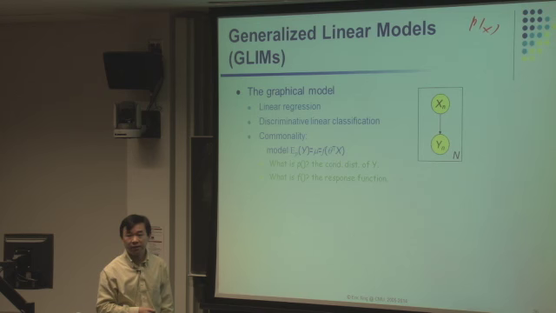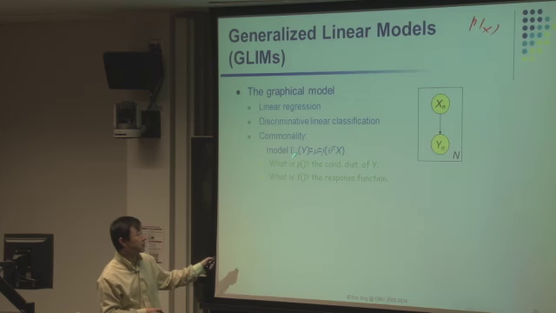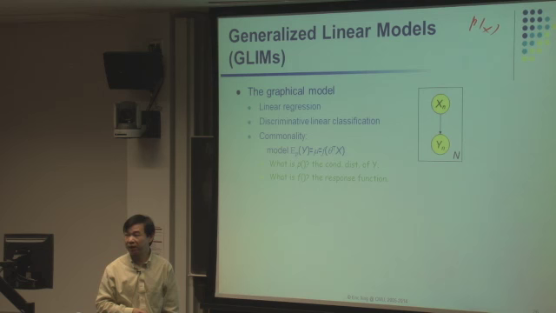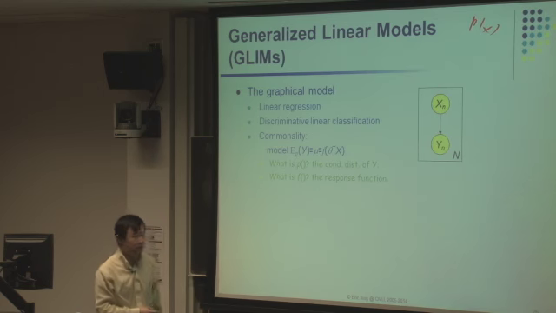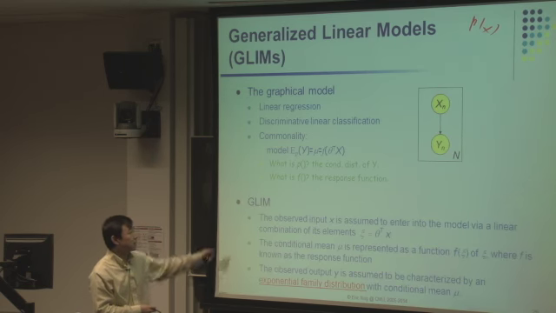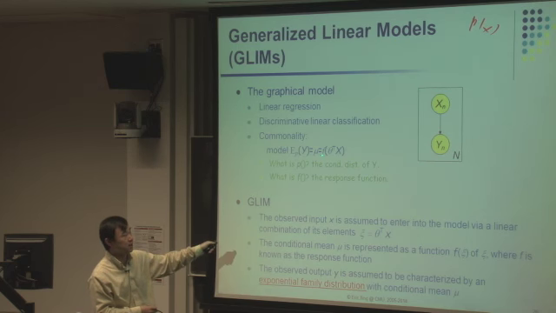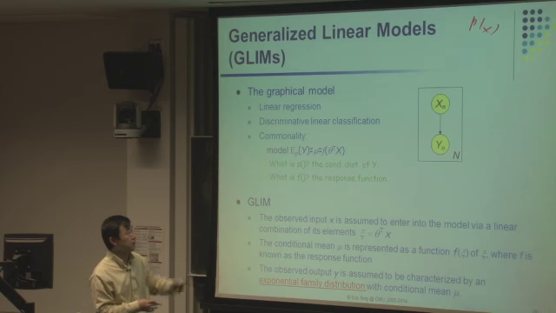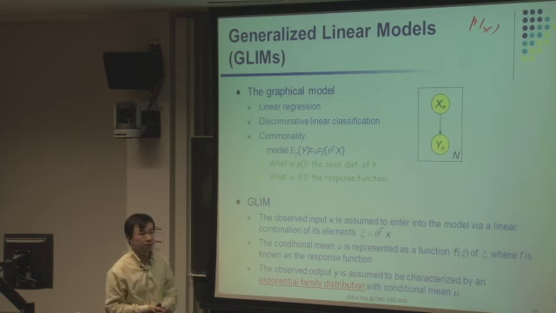Linear regression probably corresponds to a Gaussian distribution and an identity function. So you can build these connections already. And if we go general, making this not just an identity or a sigmoid transformation, you come to a very big family of distributions known as the generalized linear model.